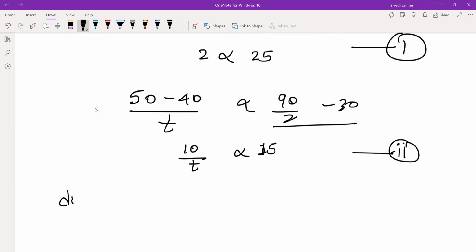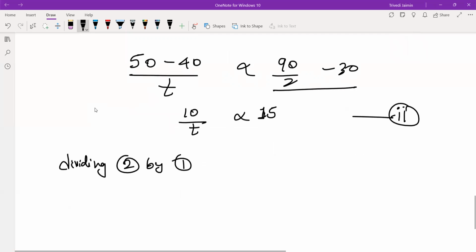So dividing equation number 2 by 1. What will you get? Divide and tell me. 2 by 1 or 1 by 2, doesn't matter.